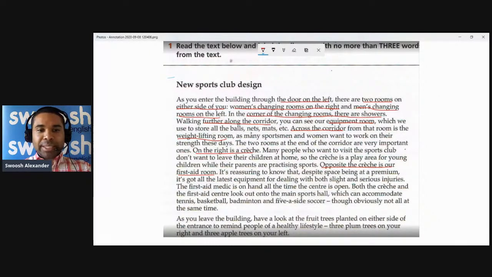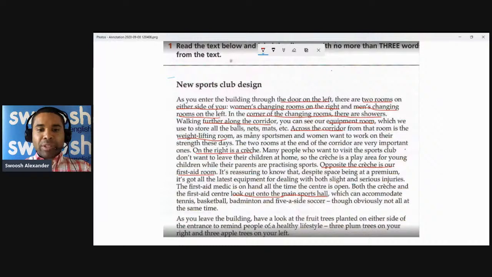Both the creche and the first aid centre look out onto the main sports hall, which can accommodate tennis, basketball, badminton, 5-a-side soccer. So the creche and the first aid centre look out onto the main sports hall. That will probably be important.